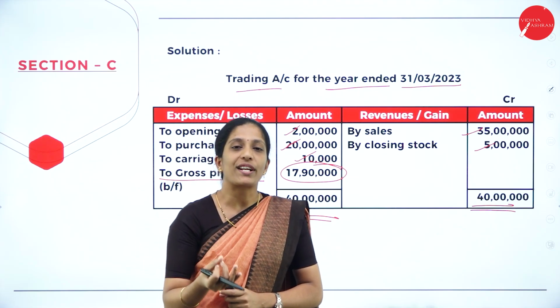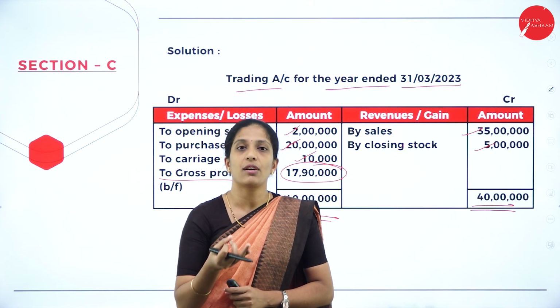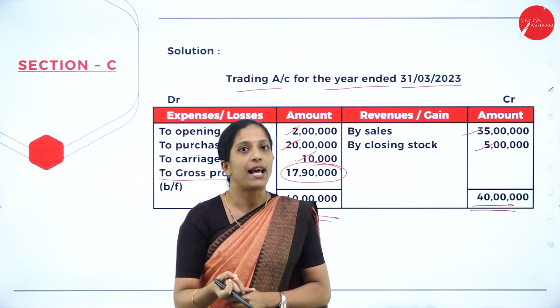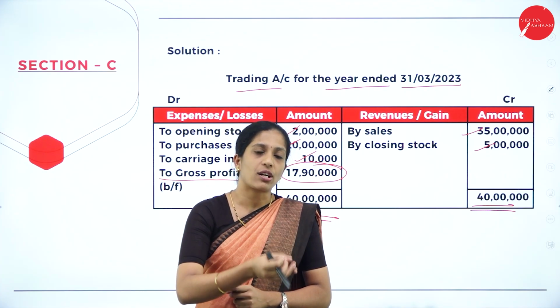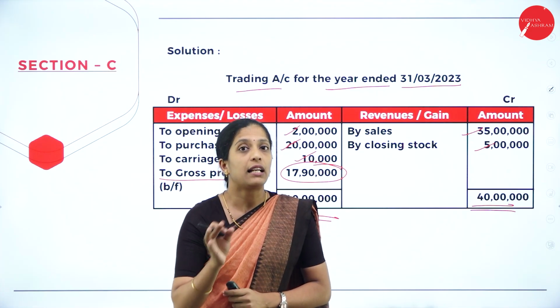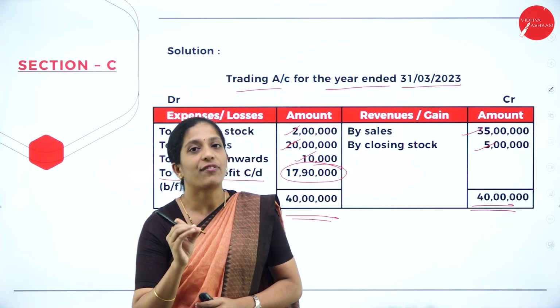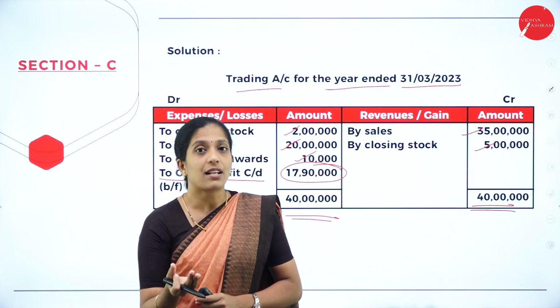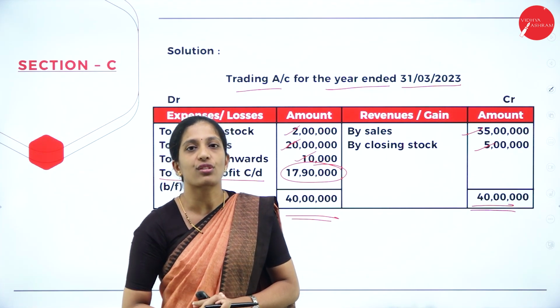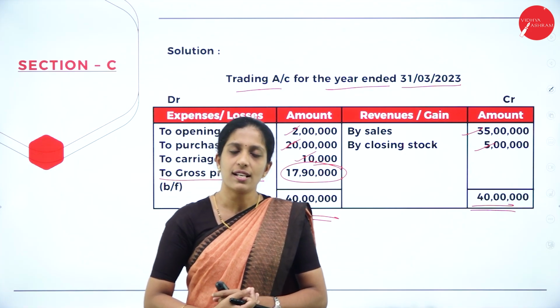Okay, next, a question again on subsidiary book, where they have asked you petty cash book. Next question was on trial balance, where they might ask a question on trial balance or rectification of errors for 6 marks. And the last question will be on your financial statement 1, where they might ask you to prepare trading account, profit and loss account, calculation of cost of goods sold or balance sheet for 6 marks.